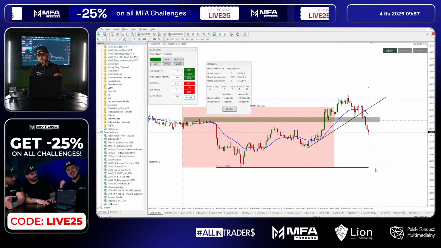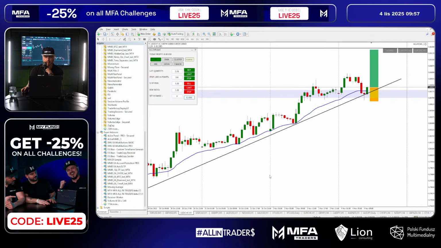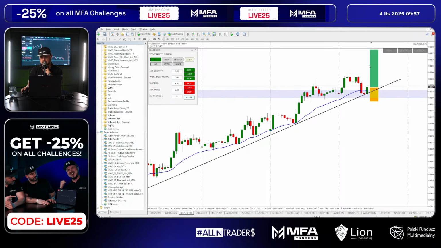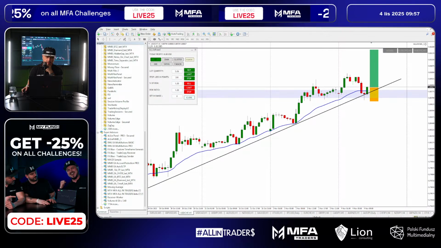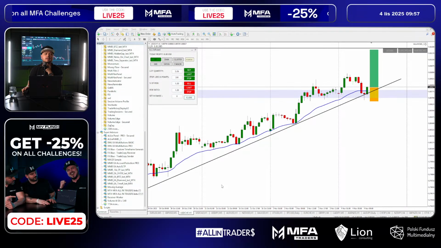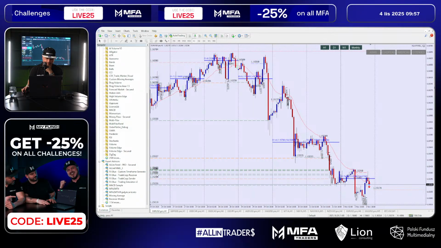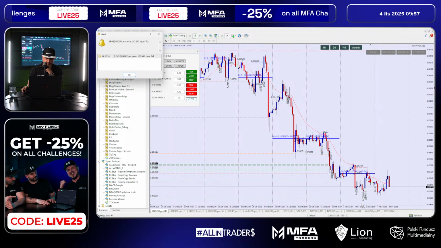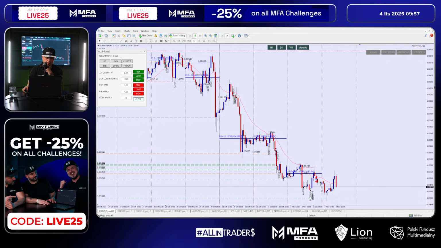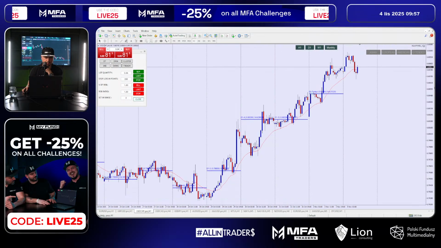4 minutes left. 3 minutes for USD CHF. For this one here. So yeah, probably we're gonna do it on different accounts. I can do it on different accounts. This one is small. This is small account, so USD CHF.